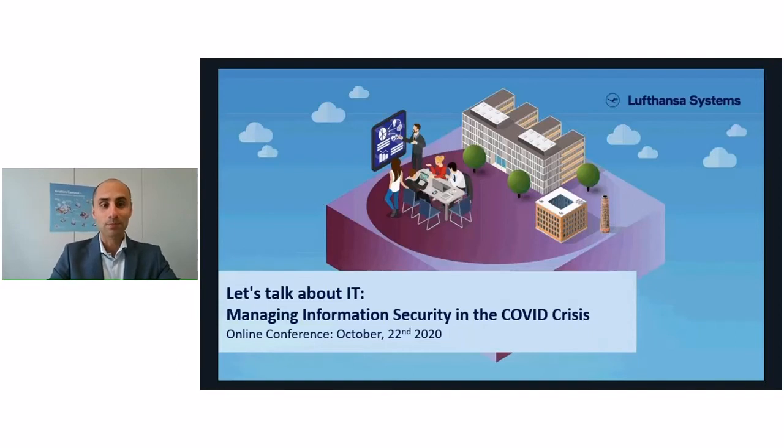In particular, we are going to talk today about the security challenges in the COVID-19 crisis, and especially in the airline industry, which we are in, and which is, of course, affected the most by the crisis. And of course, we do not like to leave you alone with the challenges, and therefore we are going to present you our approach as well to master these challenges.